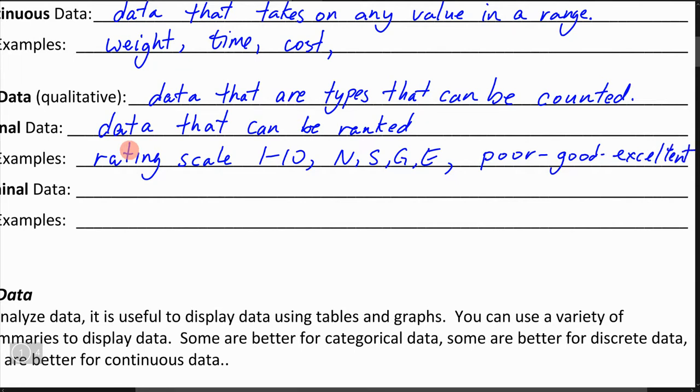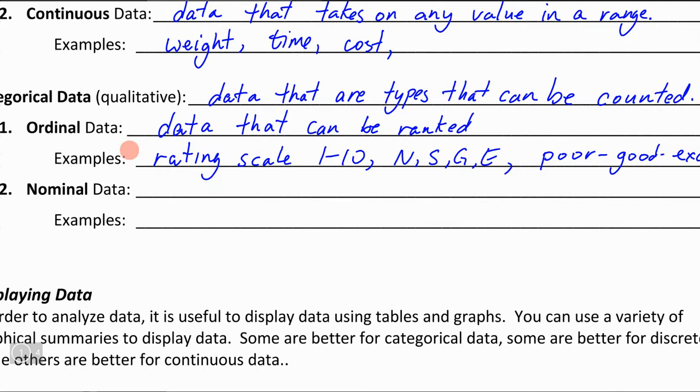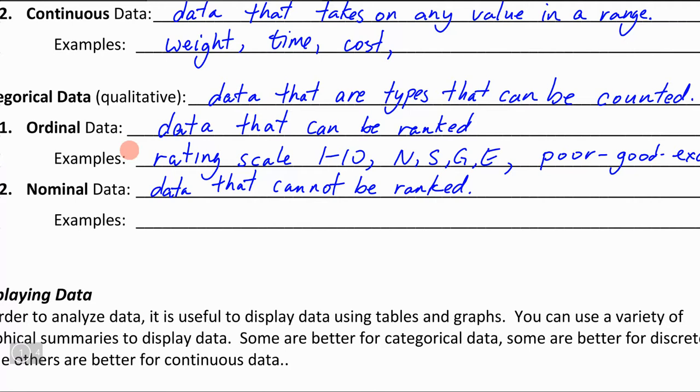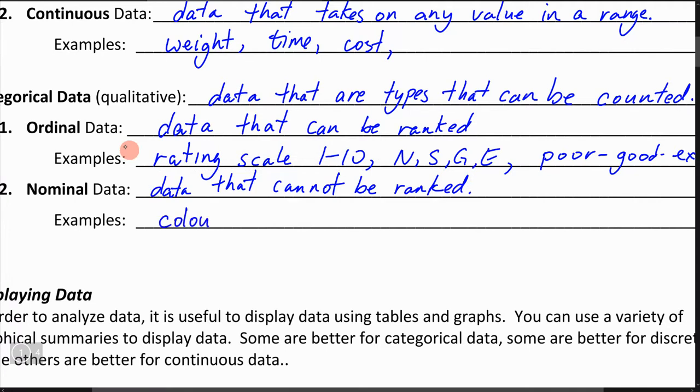Then you have nominal data. So nominal data is data that cannot be ranked. Things like colors are examples of that.